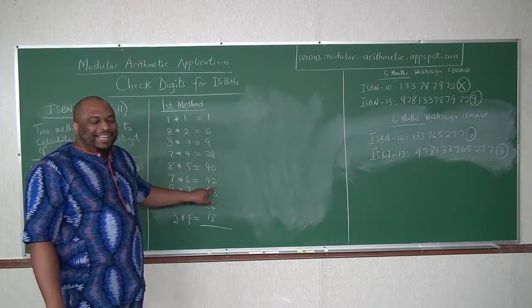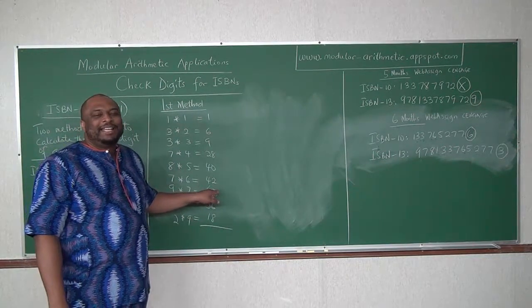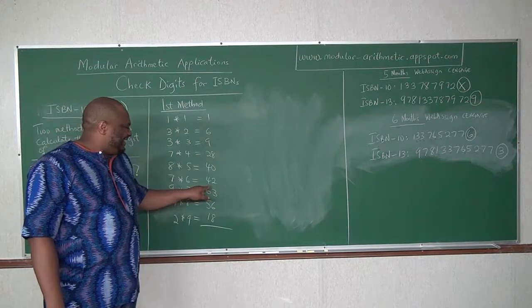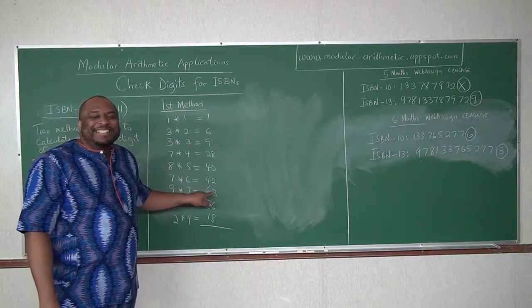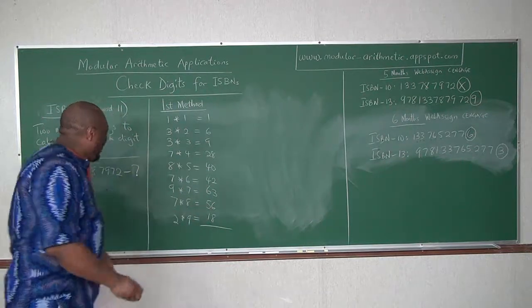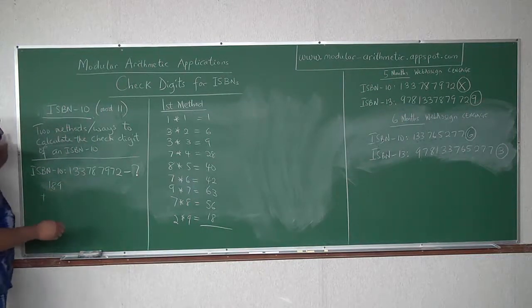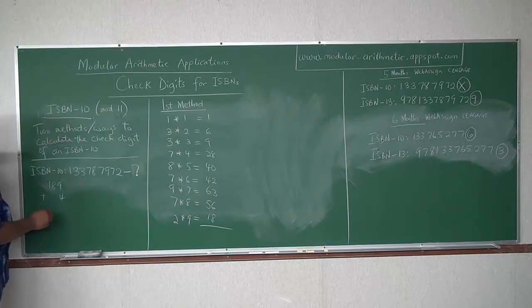Sorry, 189. 126 plus 63 is 189. Okay, 189. 189 plus 56 and plus 18. Please let me just do this. 189 plus 56 plus 18 is 74.